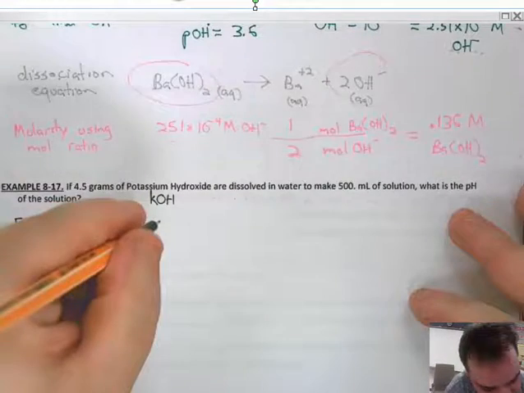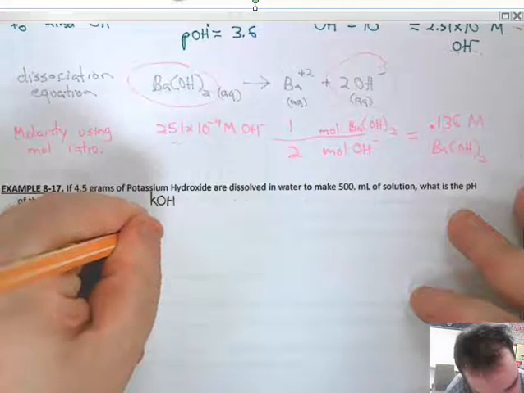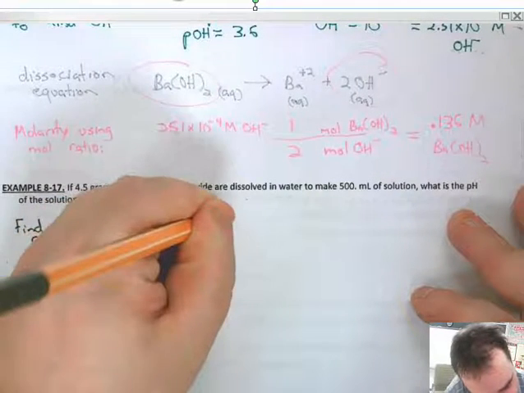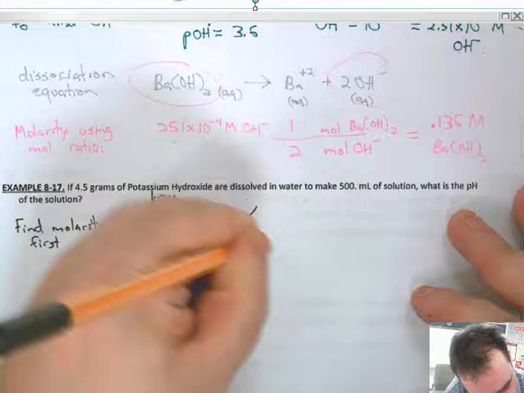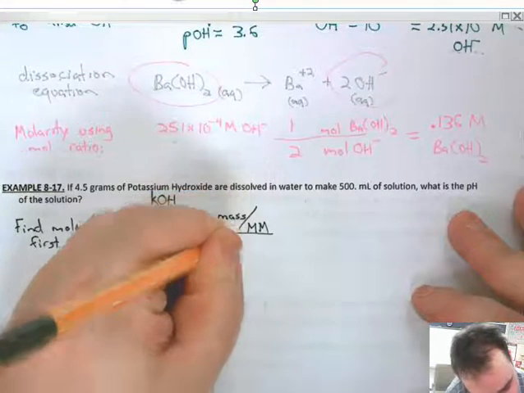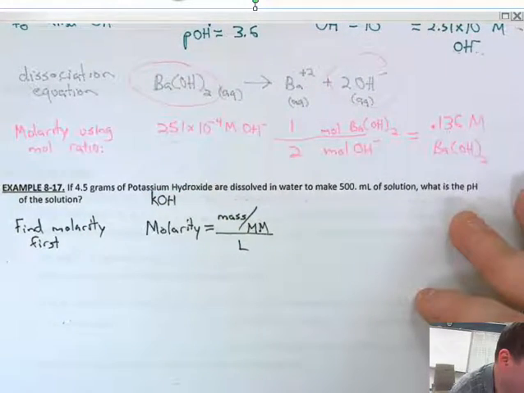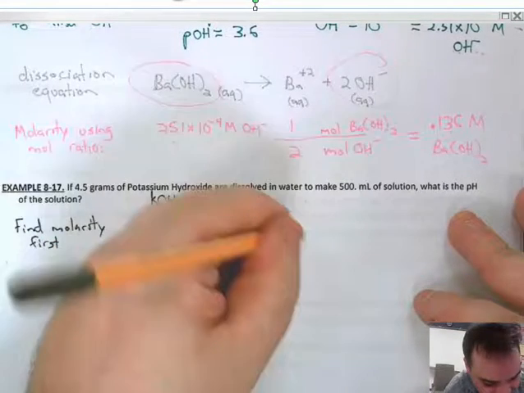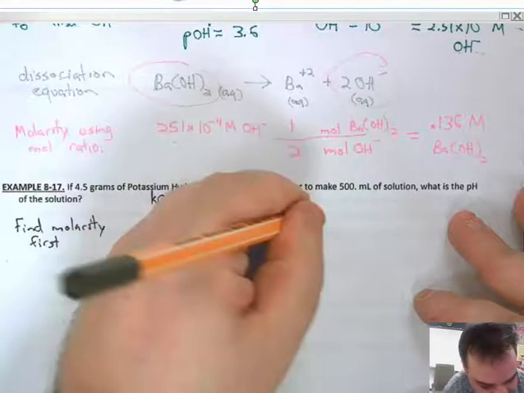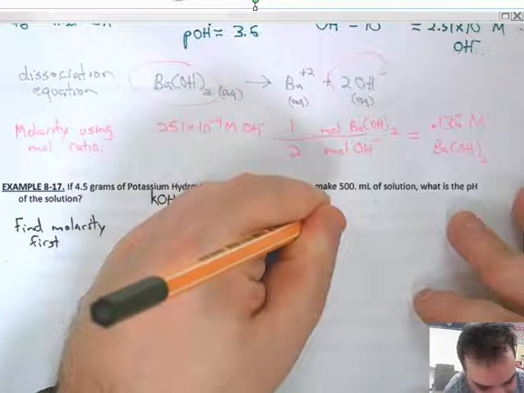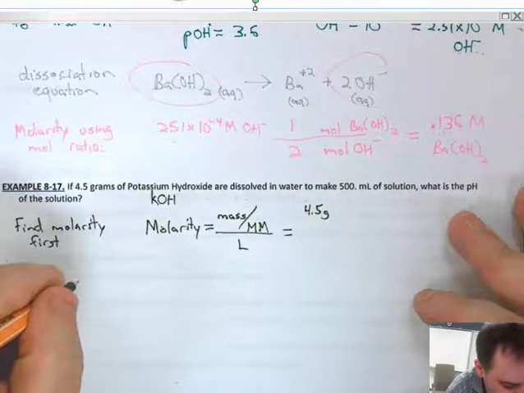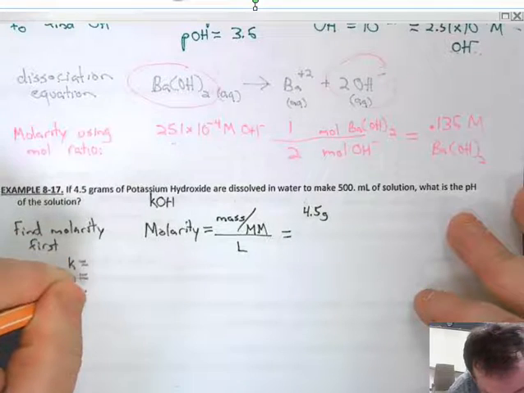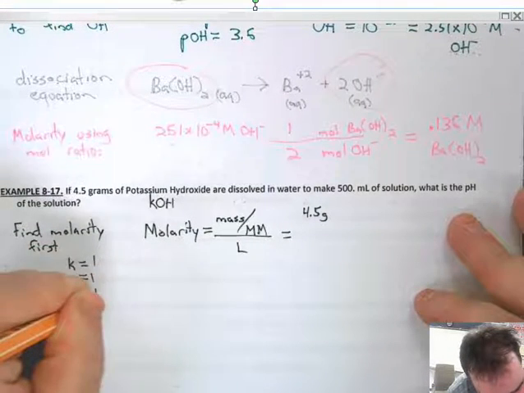So here we have to go back to chapter 7 here, and we're going to use the formula molarity equals mass over molar mass over liters. Okay, so let's see here. Our mass is 4.5 grams. Molar mass, so I have to do K, O, and H. 1, 1, and 1.